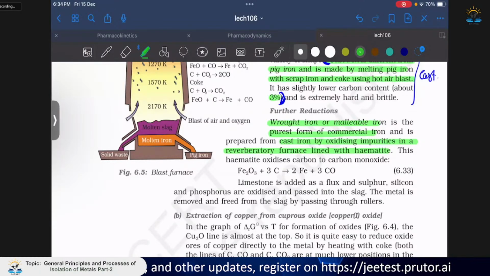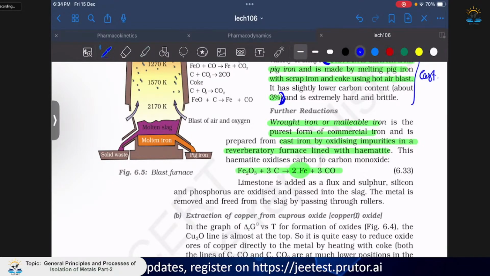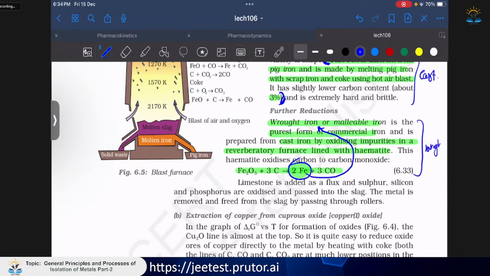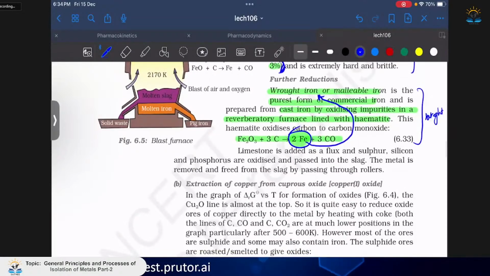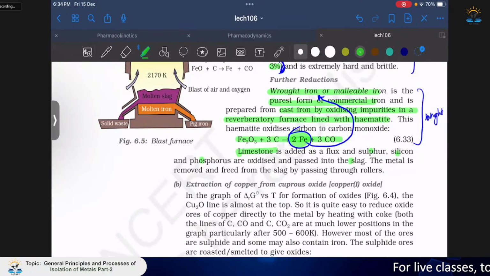So this is the first reaction. Here you obtain iron known as wrought iron. Okay, got it. Here also limestone is added and the sulfur, silicon, phosphorus are oxidized and passed into the slag.